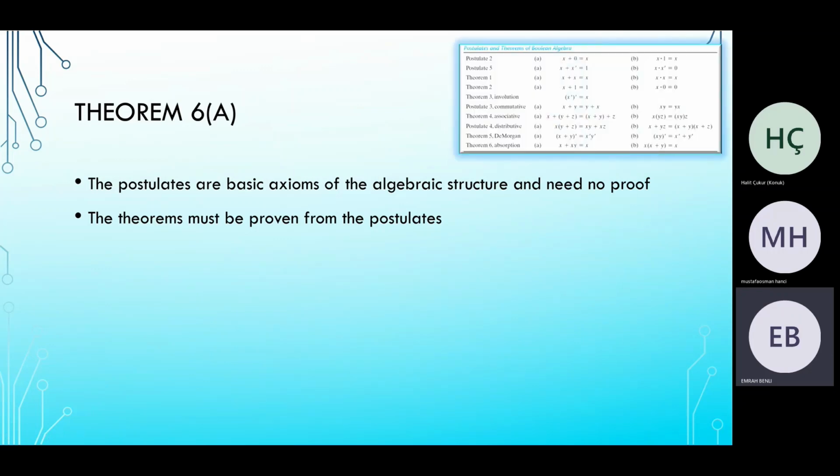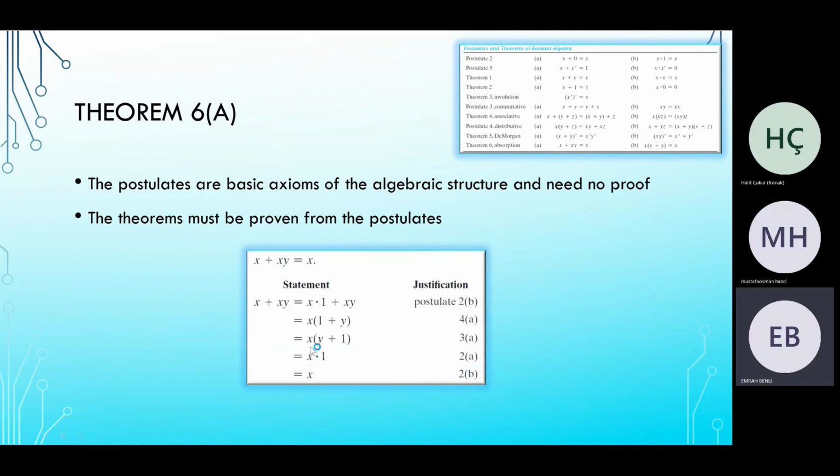Now let's go to 6a. 6a is the absorption. So we have this. We are using postulate 2b. Postulate 2b, x and 1 equals x. So we are using it here, x and 1, didn't change anything.